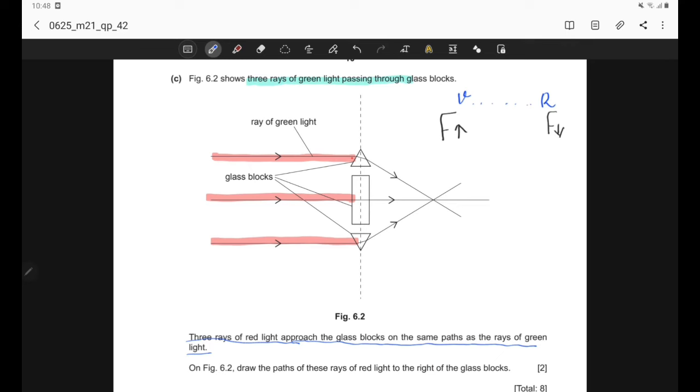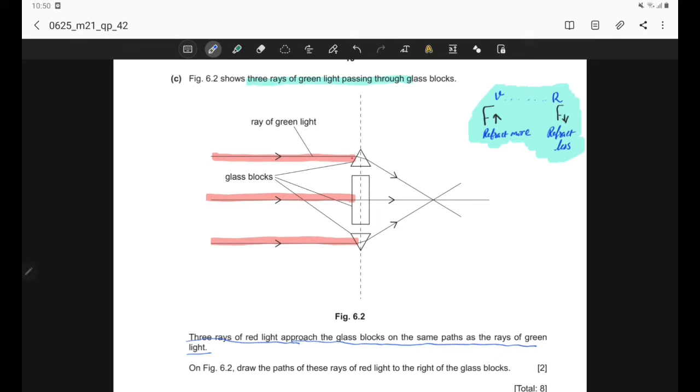So the light colors which are having more frequency will refract more. So violet, which has more frequency, will refract more or bend more, whereas the red color, which is having less frequency, will refract less or bend less comparing to violet color. This is a very, very important concept you should always remember in order to answer these kind of questions.